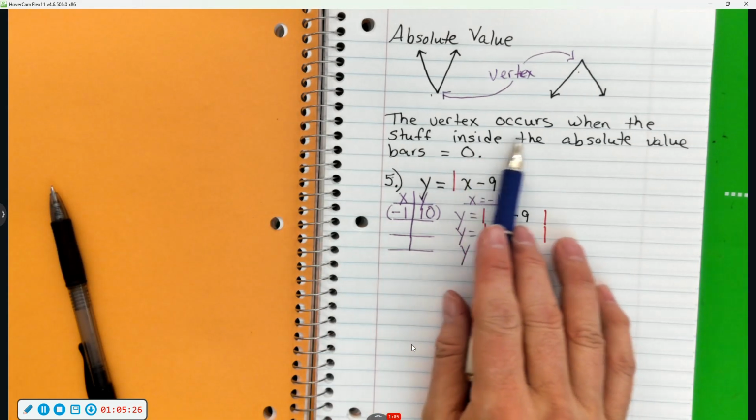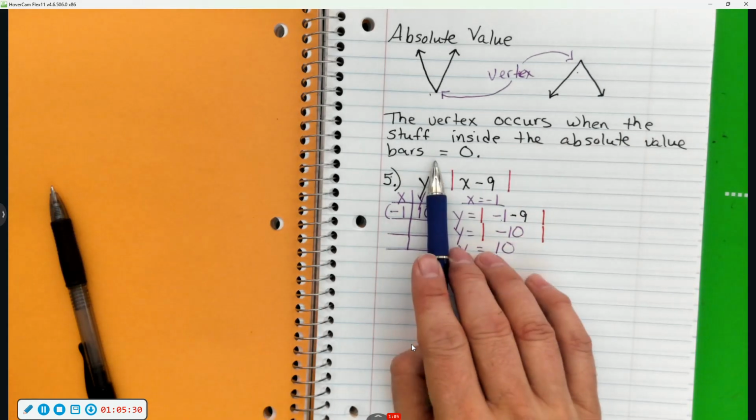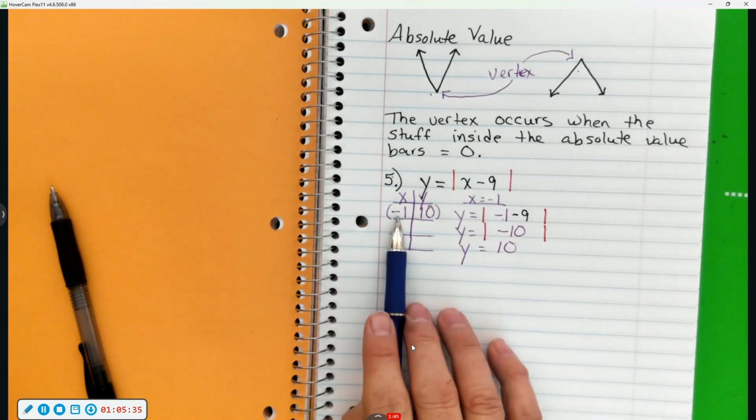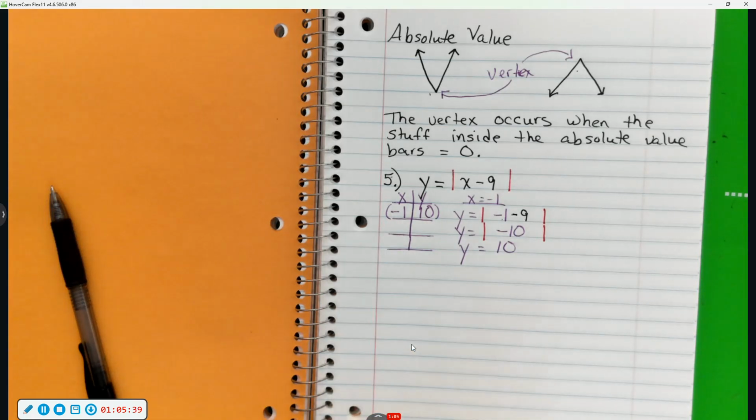No. The vertex occurs when the stuff inside the absolute value bar equals 0. So this one is not the vertex. But we're going to have to know which one's the vertex, because that's going to be the one you've got to plot first. If you don't plot it first, it's going to count it wrong.